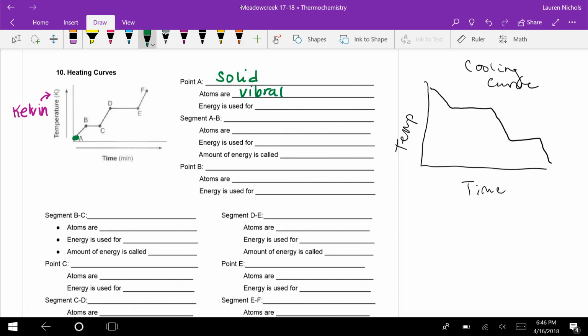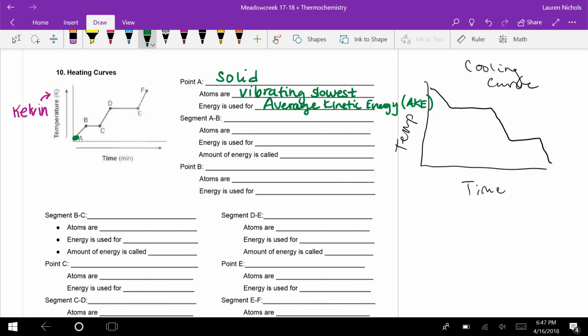We know that solids move the slowest. They have the lowest average kinetic energy, and that is why their temperature is low. And so at this point, energy is going to be used for increasing the average kinetic energy. If you didn't watch the video before this, I recommend that you do so. But average kinetic energy is going to be abbreviated as AKE from now on.